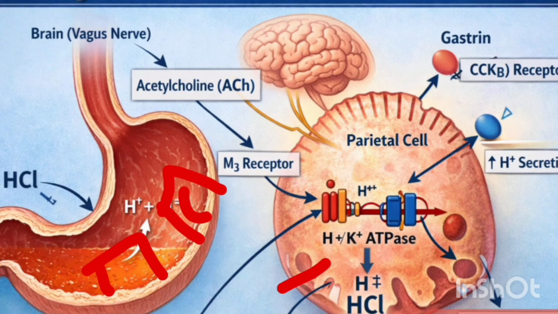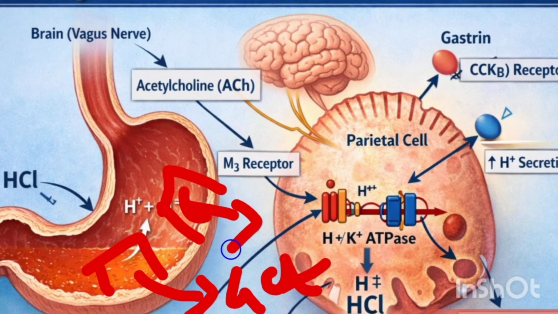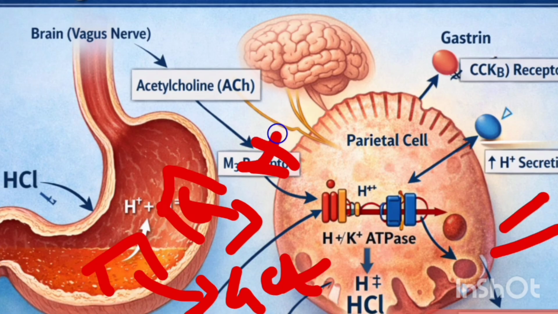Okay, so by acting on G cells, it releases gastrin. Then by acting on enterochromaffin cells, which secrete histamine, and the third one is by acting on parietal cells, which secrete the HCl.